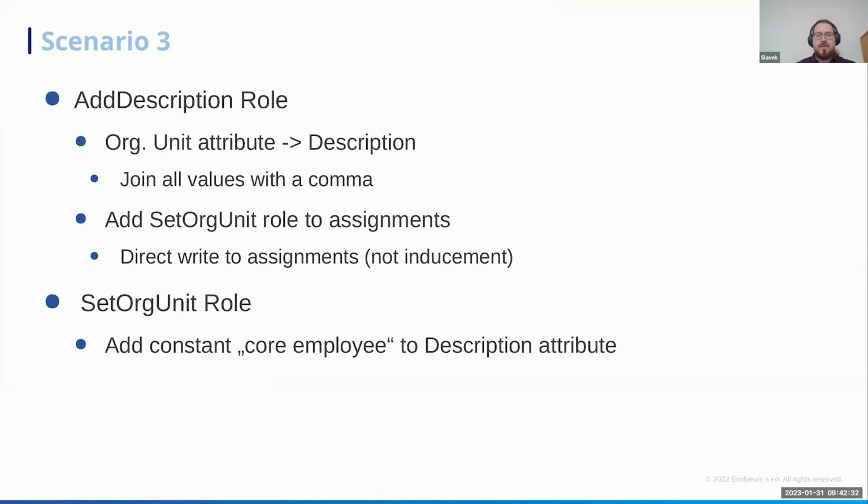Okay, third and the last example, this is a very complex one. I have AddDescription role, which has 2 purposes. One is it takes organization unit attribute and stores it into description. And because organization unit is multi-value, I will just take all the values and join them with a comma.